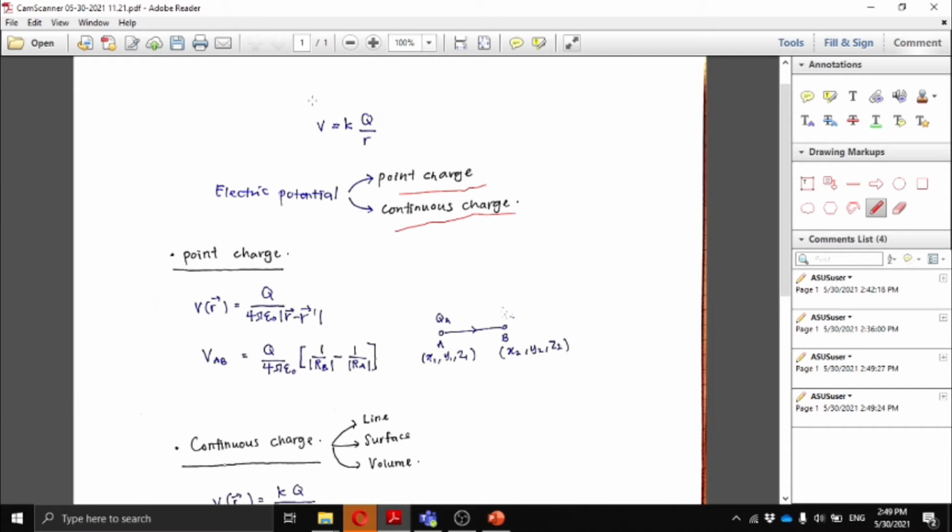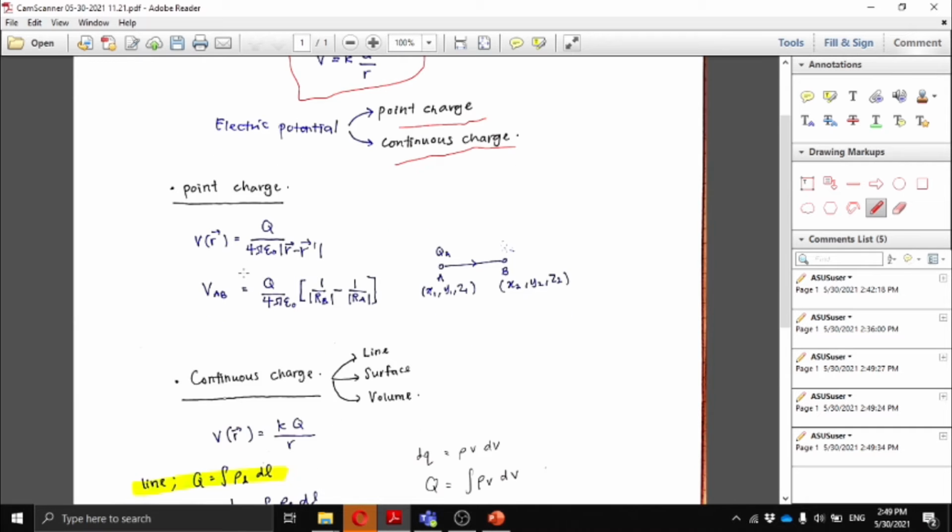Basically, this is the basic formula for potential difference: V equals QK over R, where Q is the charge, R is the distance, and K is 1 over 4 pi epsilon.